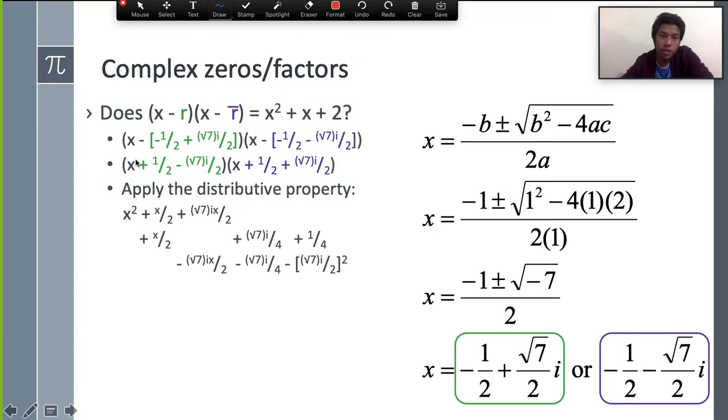Then multiply x into everything, the other term into everything, do some addition, and you will get exactly the same function from where we started. This is another way to prove that your answer is correct, and that we can actually go back.